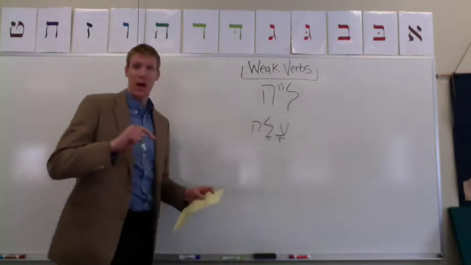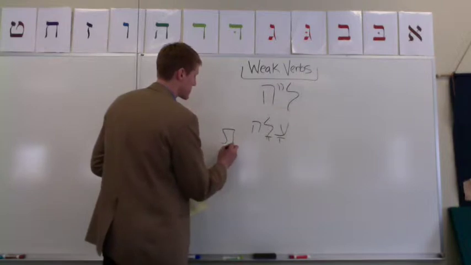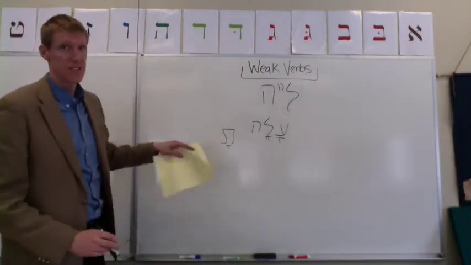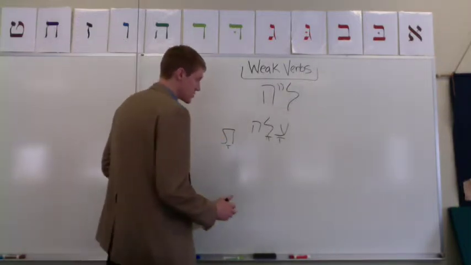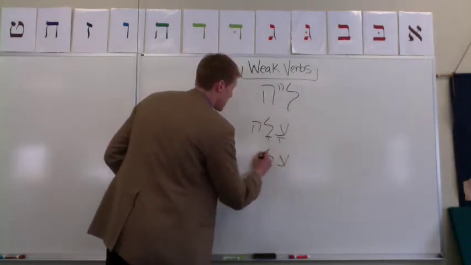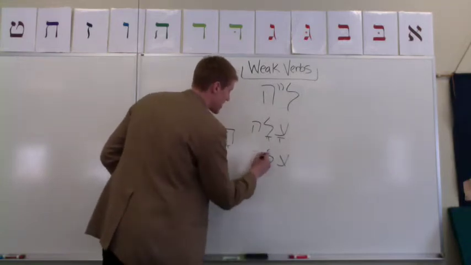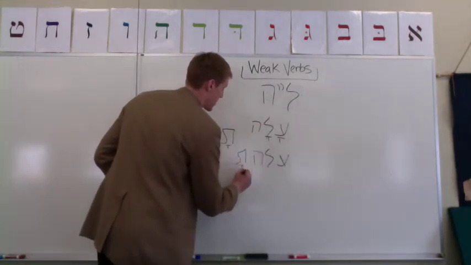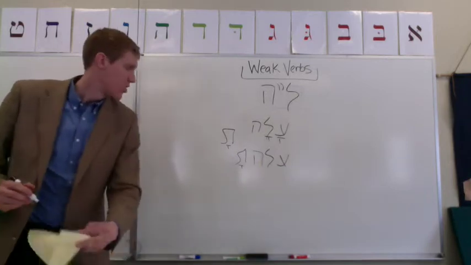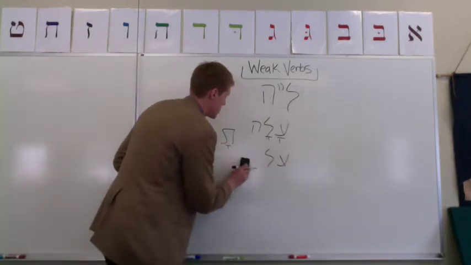In the second masculine singular, the affix is a tav followed by a kametz. So what happens here is it doesn't say, oops, you can't have that hey followed by the affix. So the hey gets claustrophobic, it disappears.